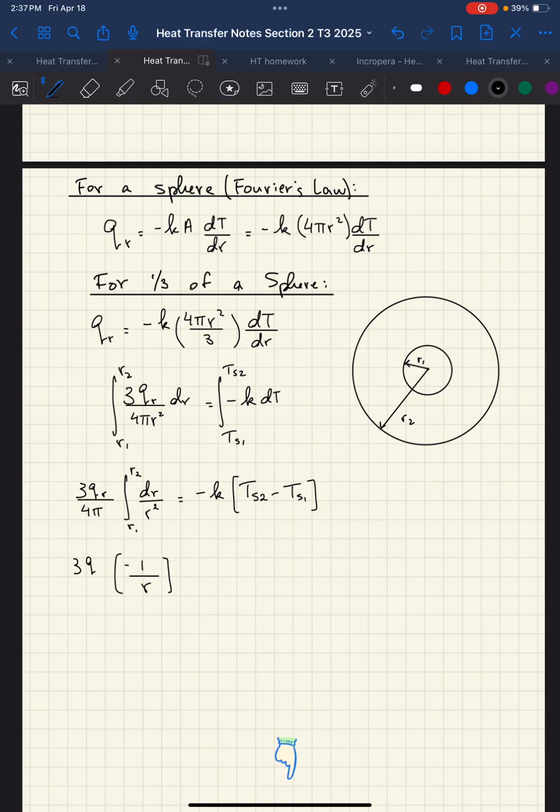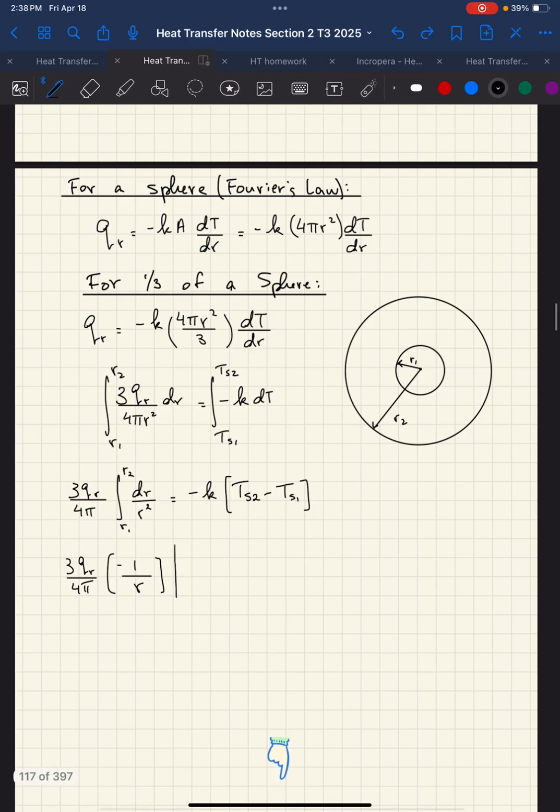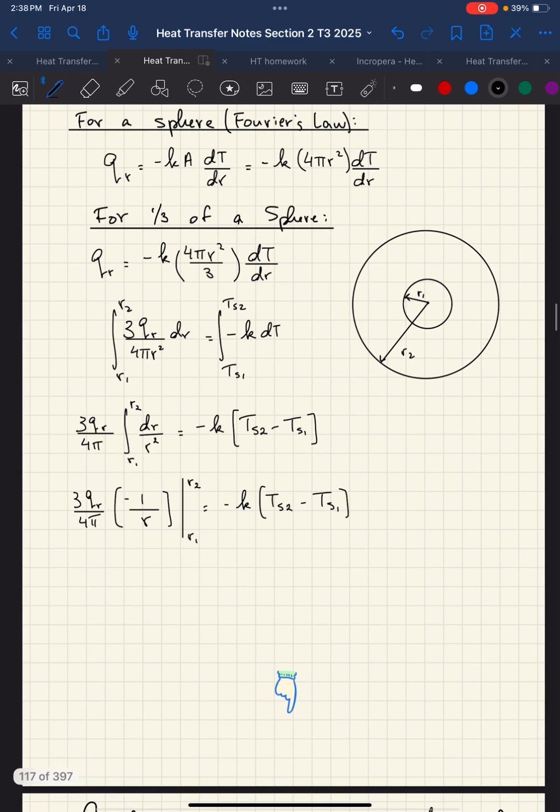So here is your left-hand side, and we're going to evaluate this integral from R1 to R2. On the right-hand side, we get the minus k. So, okay, let's evaluate.